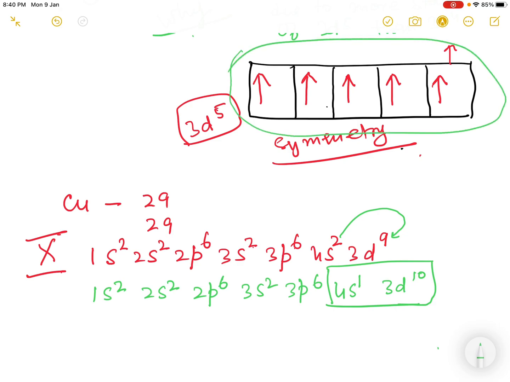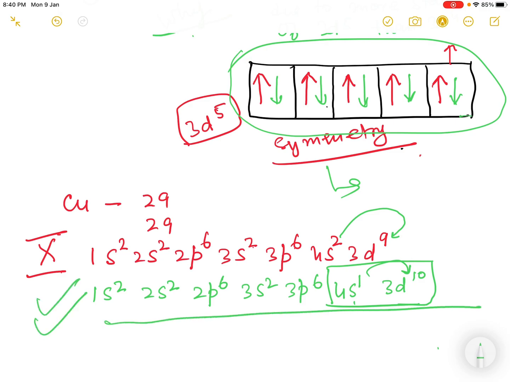Then the sixth electron will come here, seventh here, eighth here, ninth here, and the 10th electron will shift from the 4s orbital to 3d, and this will be paired. Due to symmetry it has a more stable configuration, and the electronic configuration of copper will be given by this.